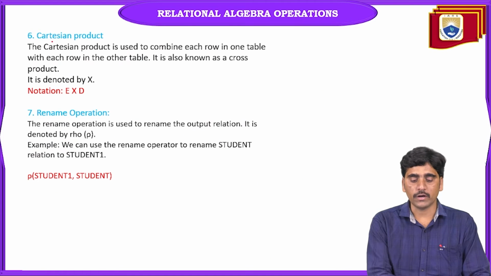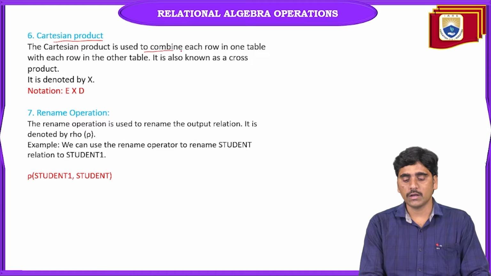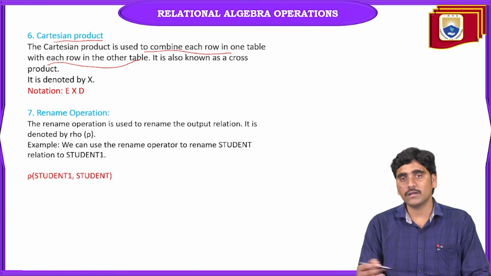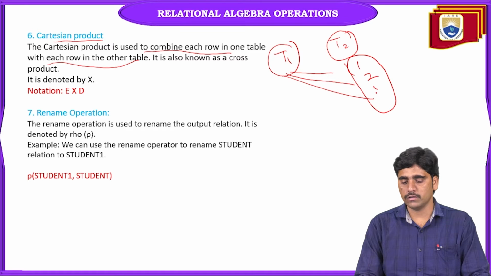And the Cartesian product. The Cartesian product is used to combine each row in one table with each row in another table. Each row of table 1 is matched with all the rows of table 2. Suppose T2 contains 1, 2, 3 and T1 also contains 1, 2, 3.